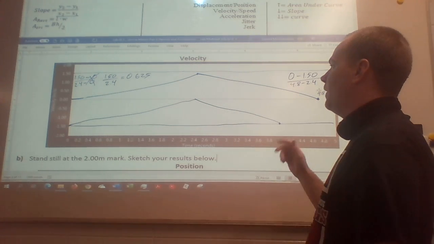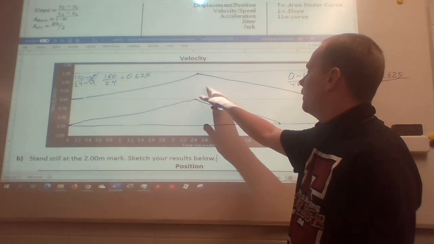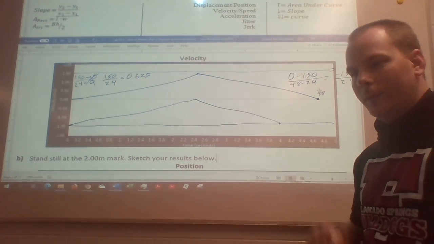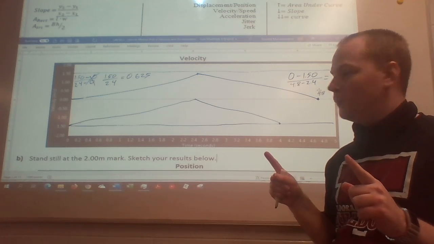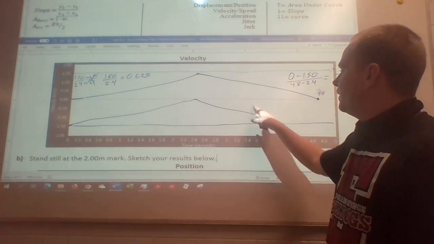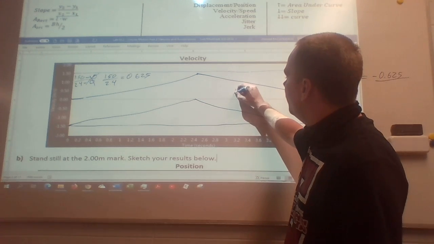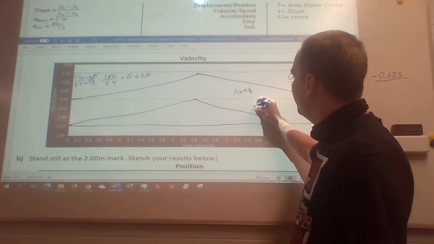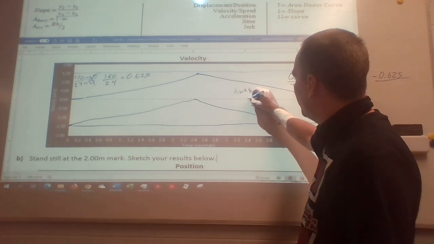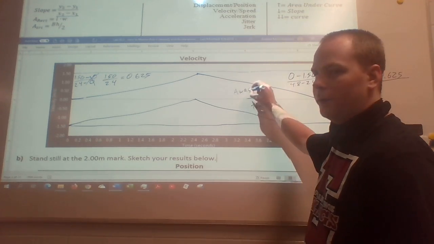What happens then when you cross this line? Think about it for a second. Okay, hopefully we answered that while it was paused. When you cross this line, up here, you are moving away. Down here, you are moving toward. So when you cross the 0 line, you turn around.